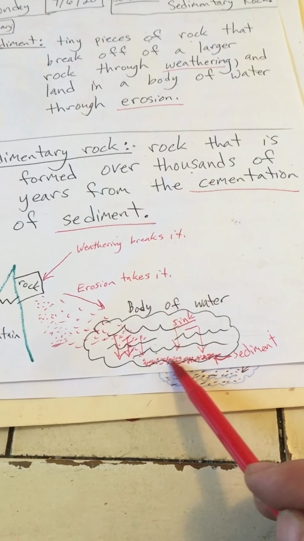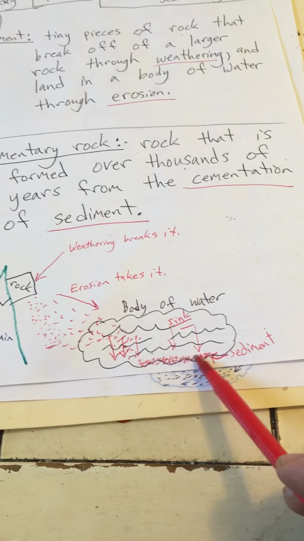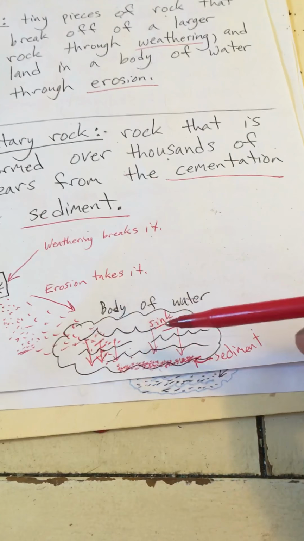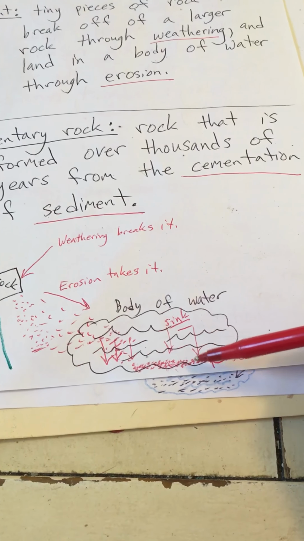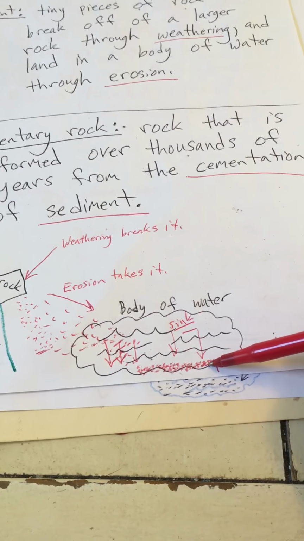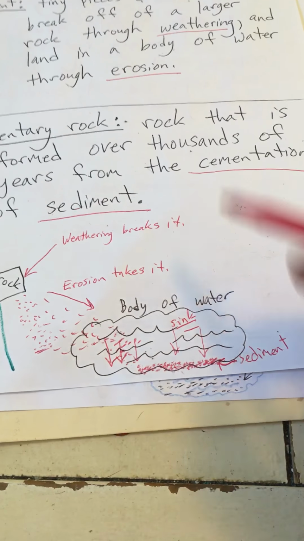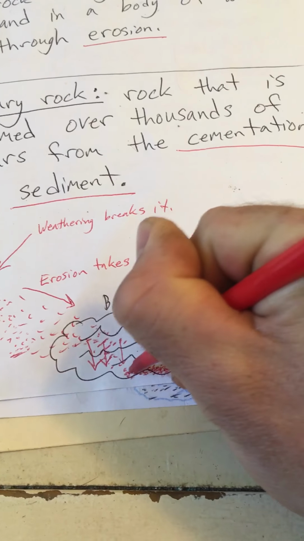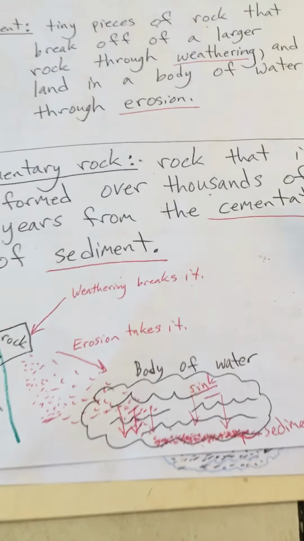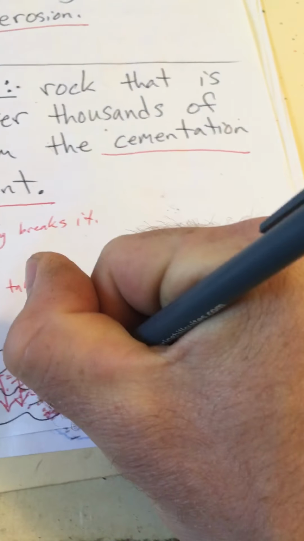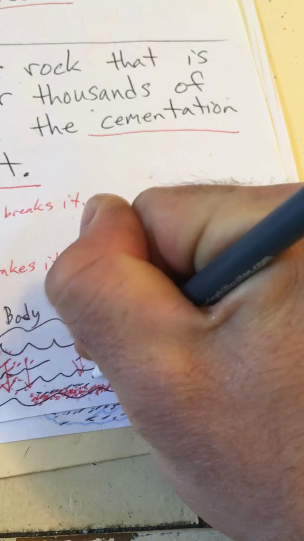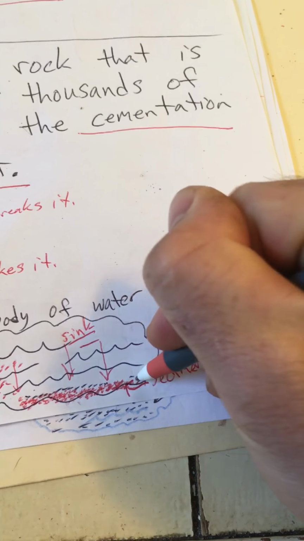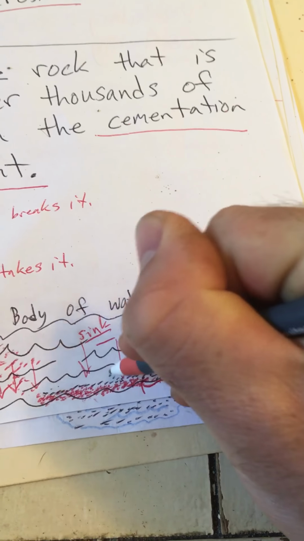Little pieces of basically sand and other small particles like silt and clay, those are all over time going to harden. It's going to take a really, really long time, but they are going to harden into layers that look kind of like that. So then more of it will come, and years later, more of that will layer up on top of it. More and more sediment will come down, and it will land here.